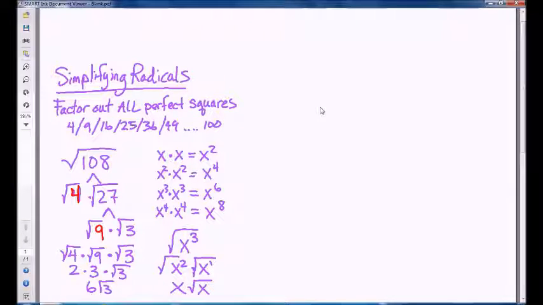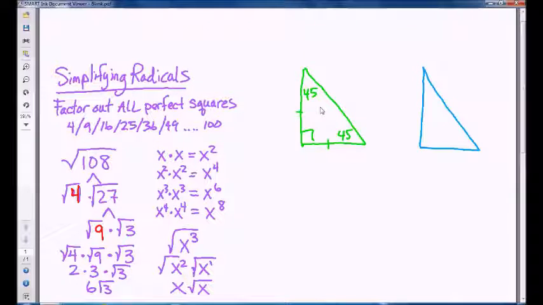For chapter 10, you are also going to need your special right triangles. Now you remember we have our 45, 45 right triangles. We said those were isosceles. And we have our 30, 60, 90 right triangles.